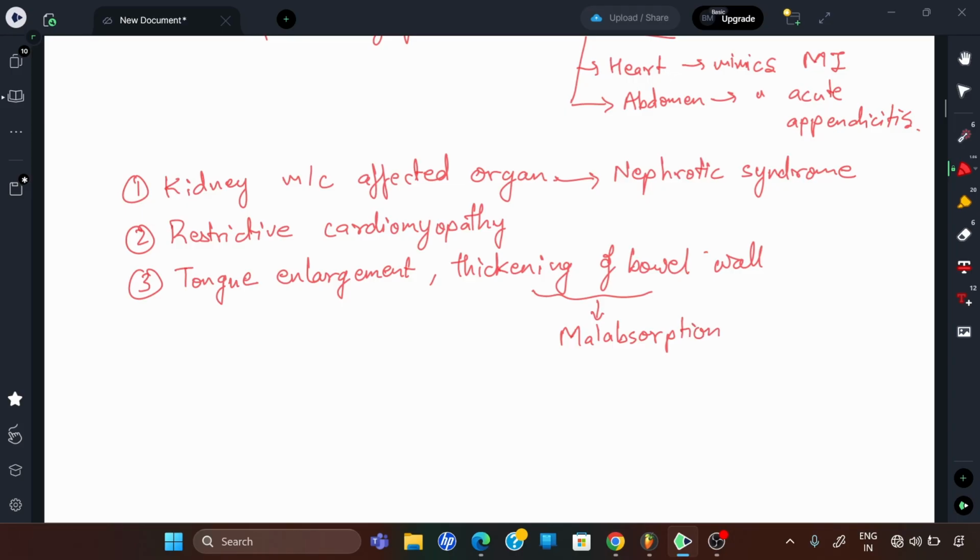So the patient may present with diarrhea basically in such cases. And coming to the fourth and final thing you can see in case of amyloidosis is hepatosplenomegaly. So these were the generalized clinical findings of amyloidosis.